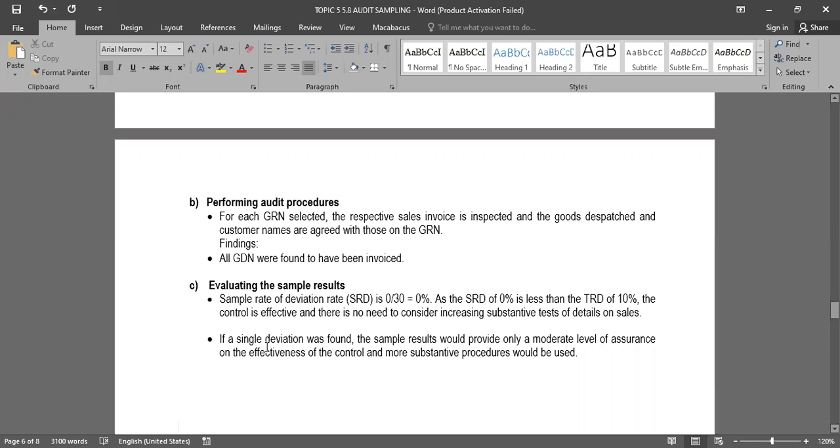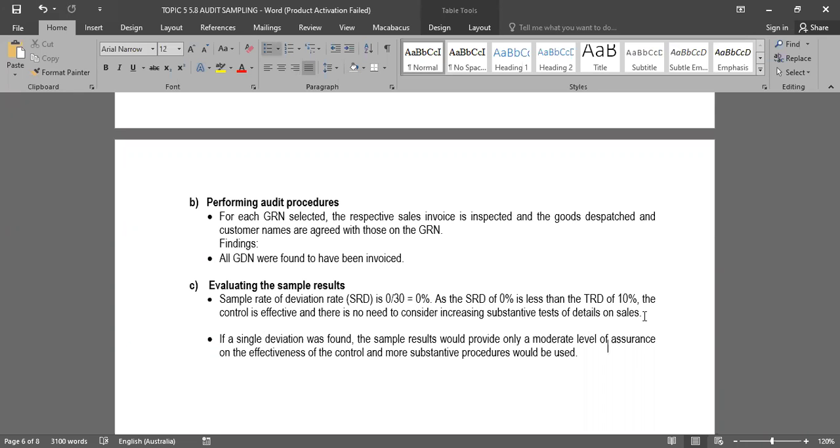So we say that the control is effective, and therefore there is no need to consider increasing substantive tests of details on sales. I hope that is okay. Remember, in test of controls, if you find that what you're expecting is what is actually happening, meaning there's no deviation, then there's no need for you to perform other audit procedures. Test of controls will just be enough.